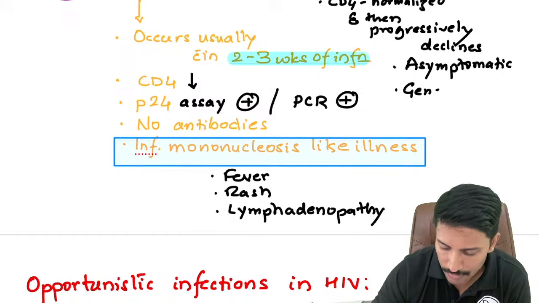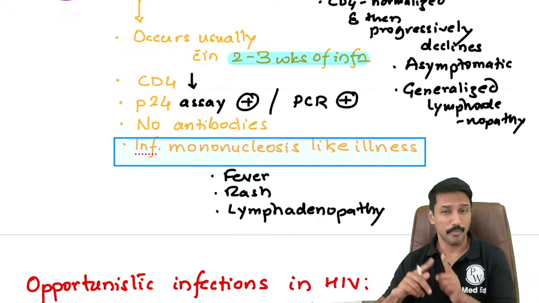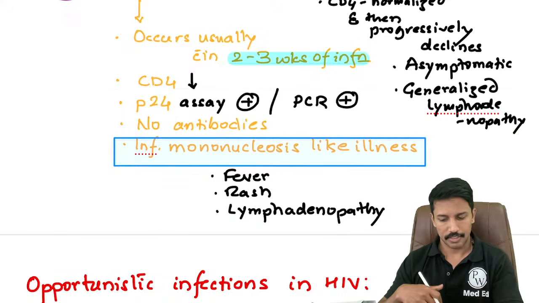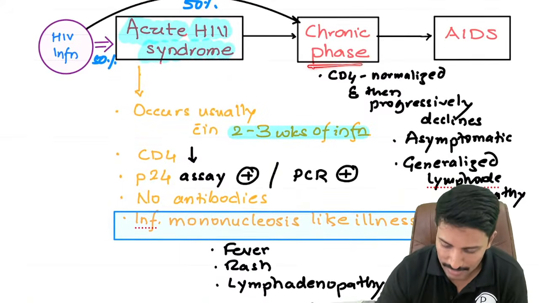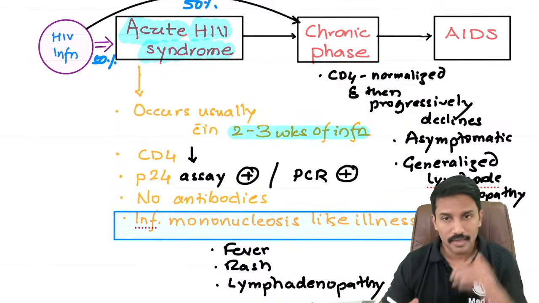In the chronic HIV phase, the majority of them have generalized lymphadenopathy. So on routine examination, if you identify that a patient has generalized lymphadenopathy, it may be suggestive of HIV and calls for screening for HIV. During this phase, as I mentioned, there is a progressive decline in the CD4 count.